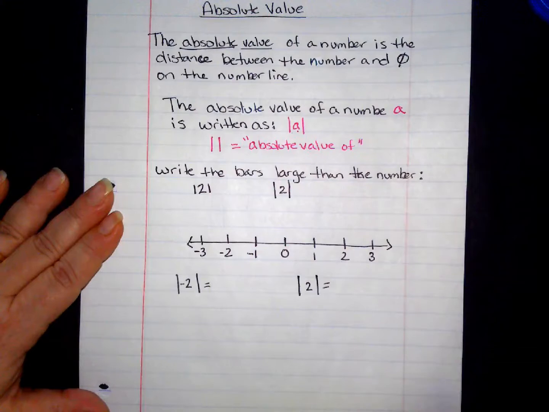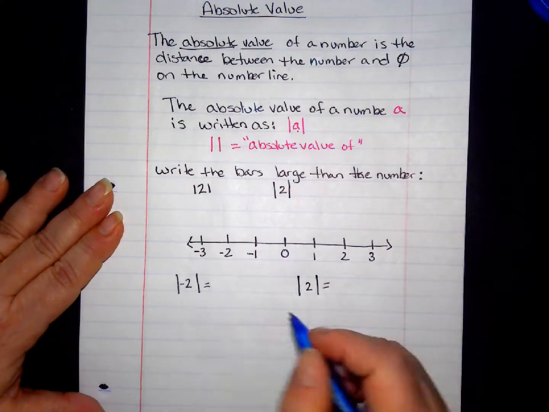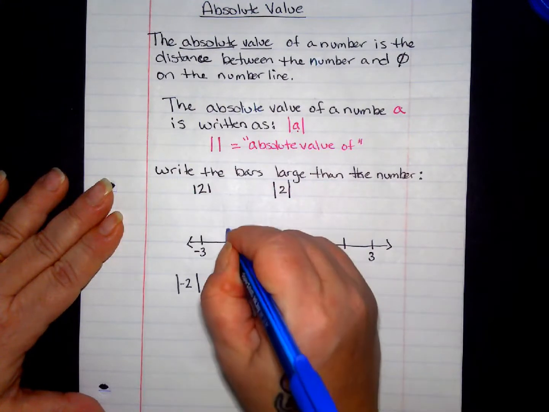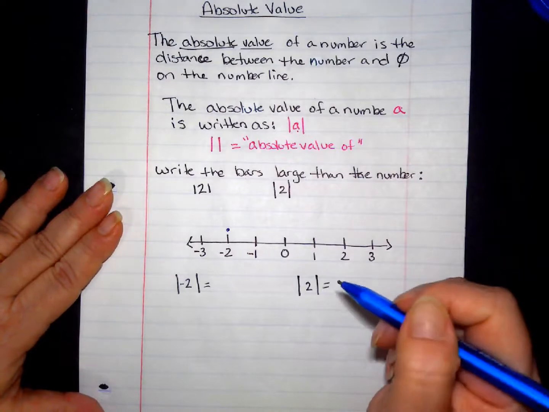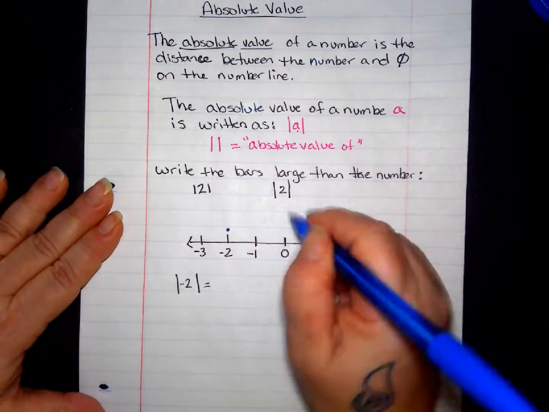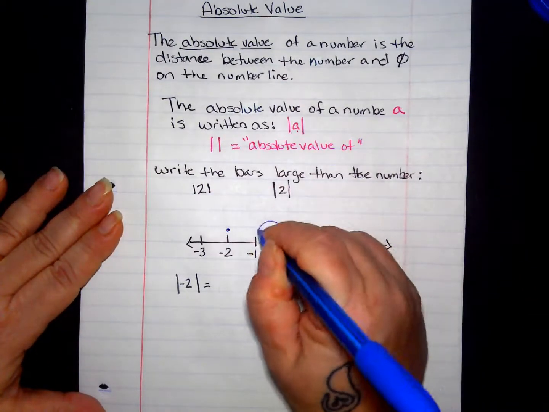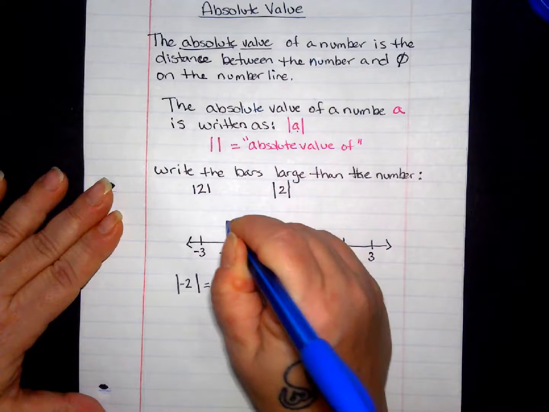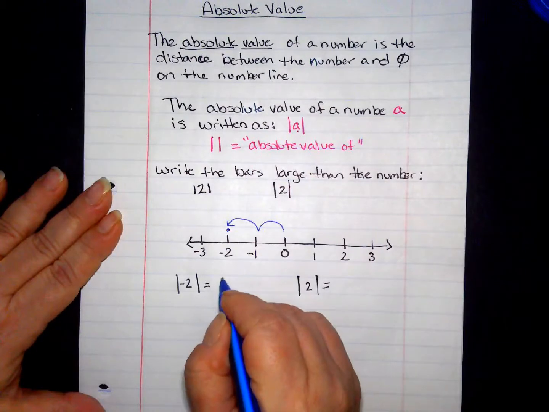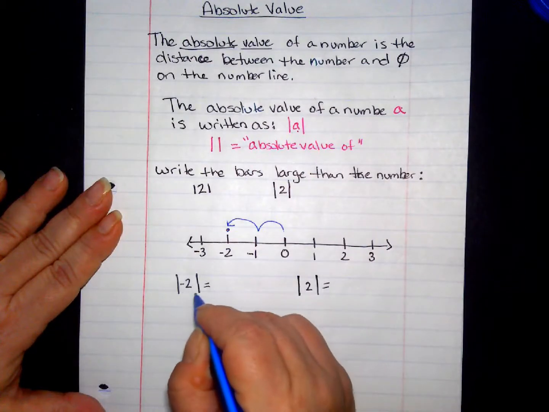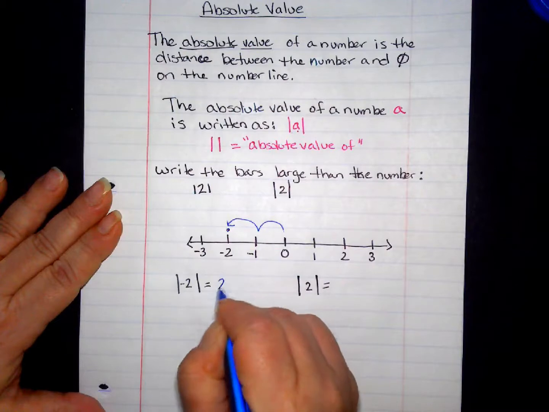first I'm going to graph negative 2. There's negative 2. And then I'm going to count its distance from 0. So I'm going to go from 0, 1, 2. So that means the absolute value of negative 2 is 2. Remember, that's how we read this.